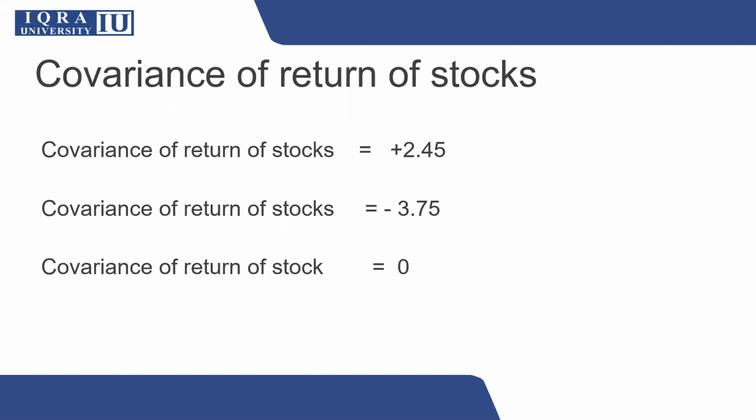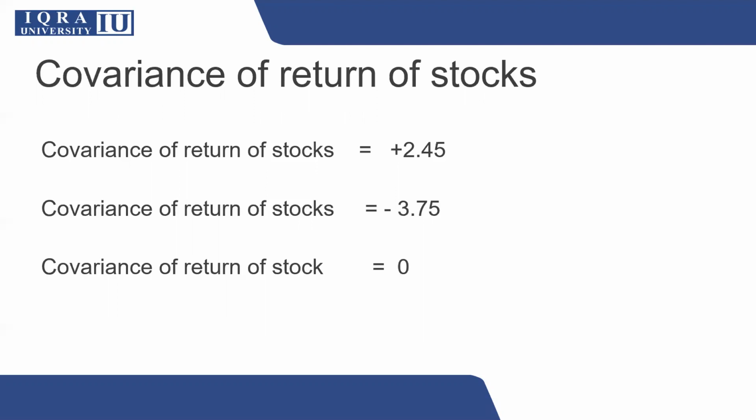So right now I'm not explaining 2.45. I'm simply taking its sign, that is plus, which means these two securities move in the same direction. If one is increasing, the other is also increasing. In the second case, I'm not explaining 3.5 or, in simple terms, 3.75.